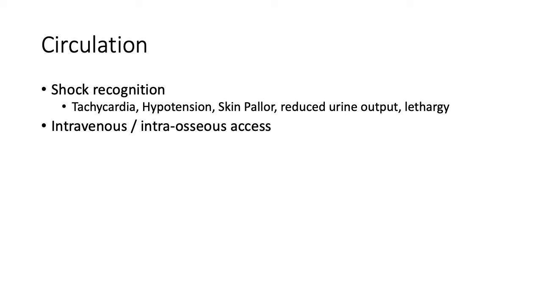Fluid bolus should be given to a patient to improve their blood pressure and maintain organ perfusion. However, in patients with evidence of hemorrhagic shock, early blood transfusion should be considered. Patients with neurogenic shock may present with hypotension, bradycardia, and warm periphery, which can mask a hemorrhagic shock.